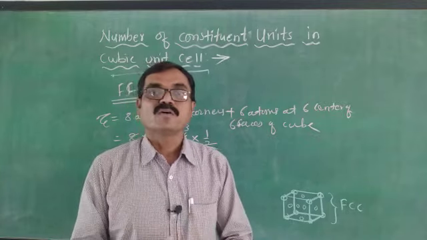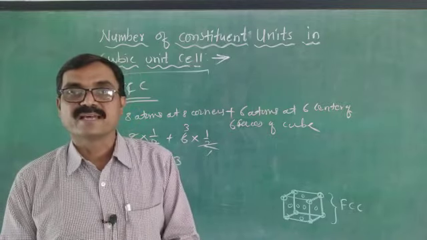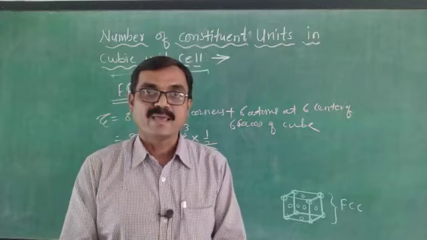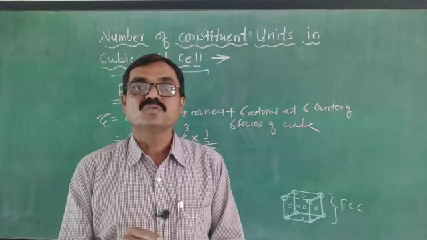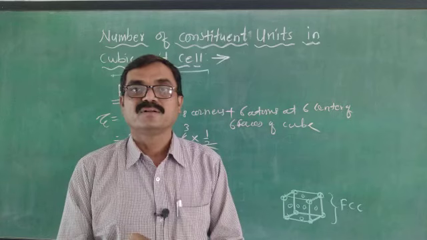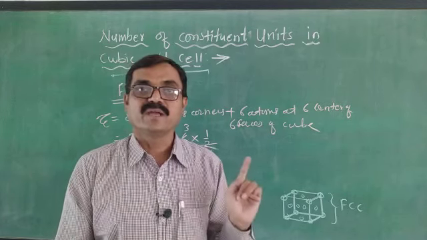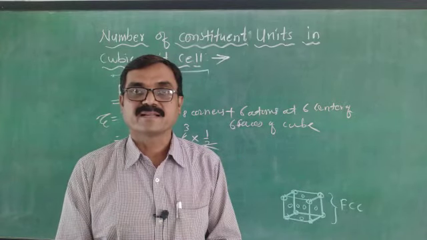Now for face centered cubic crystal, how many lattice sites are there? What is the value of Z? It will be 4. Why? Because 1/8 into 8 plus 6 into half. 6 into half means 3, 1/8 into 8 means 1, 3 plus 1, 4. 4 lattice sites are there.